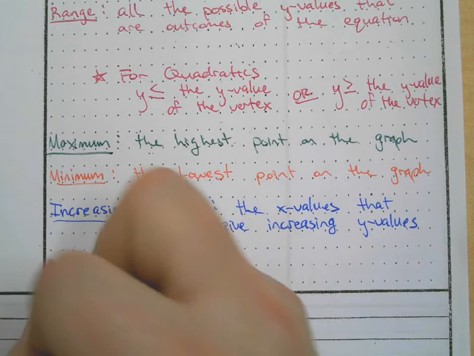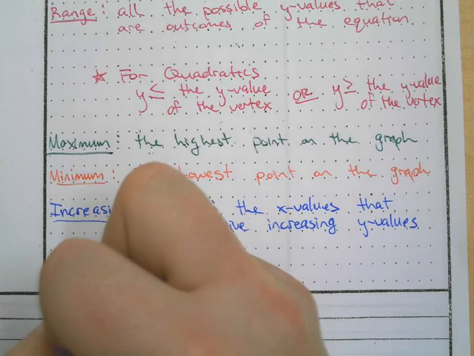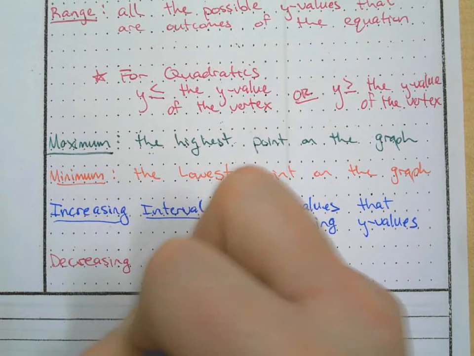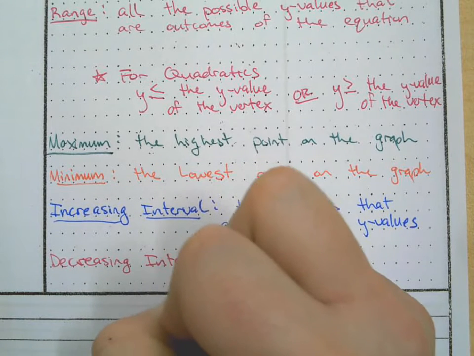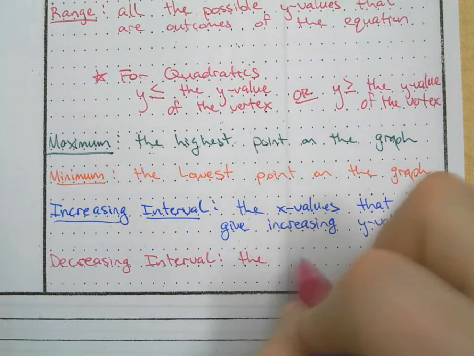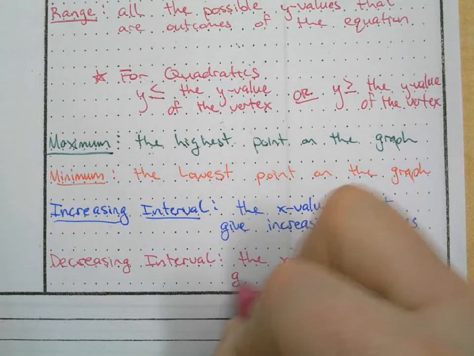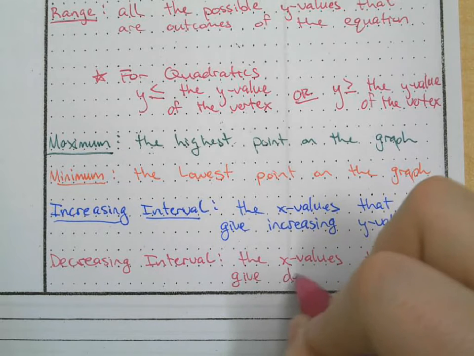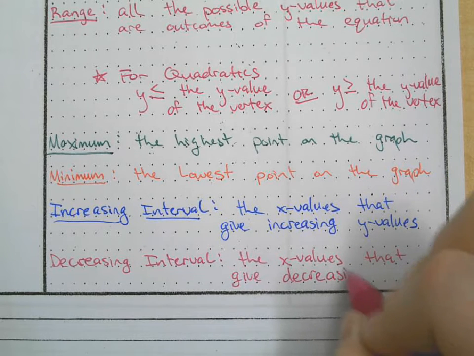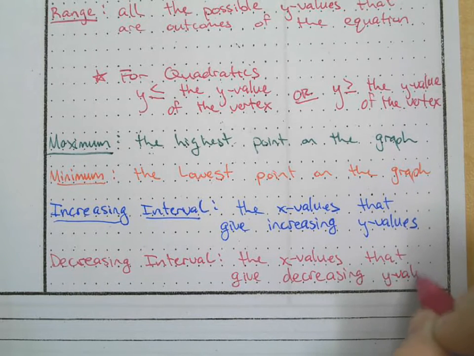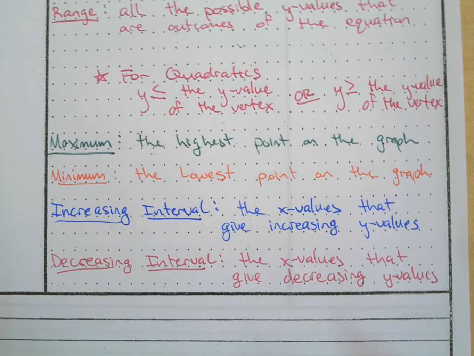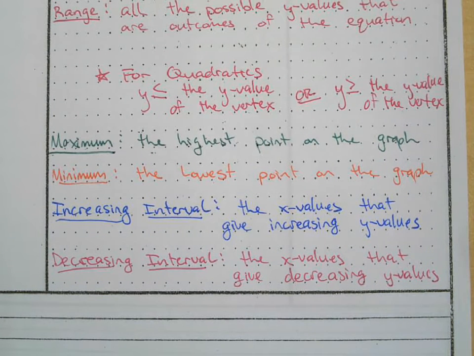And then we'll have a decreasing interval, which is the x values that give decreasing y values. Okay, so there's all our definitions. Let's do a quick example, and then we'll be done.